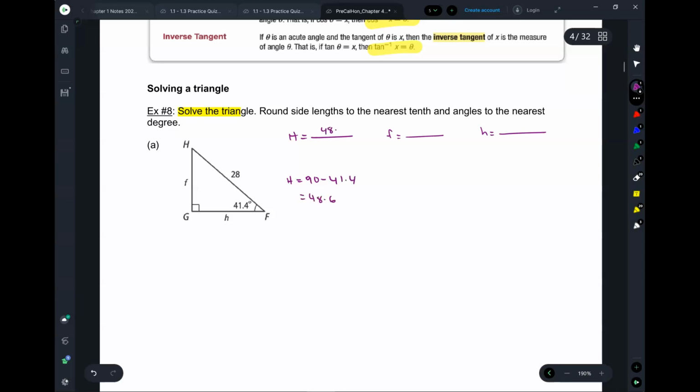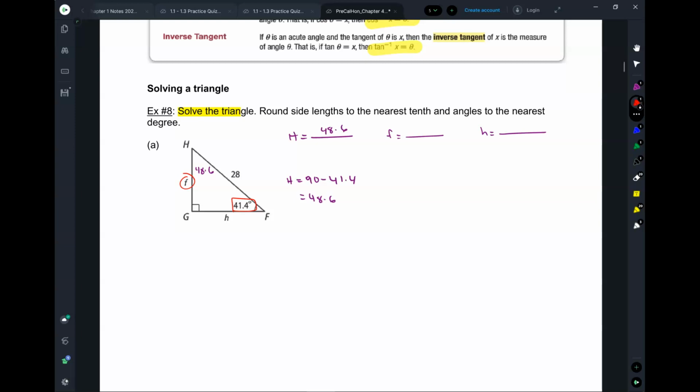Okay, let's find F first. Even if I found the other missing angle, I like to use what the problem gave me in case I made a mistake, so my problem doesn't go off the rails. Here I have an angle, opposite and hypotenuse. That sounds like what? Sine.